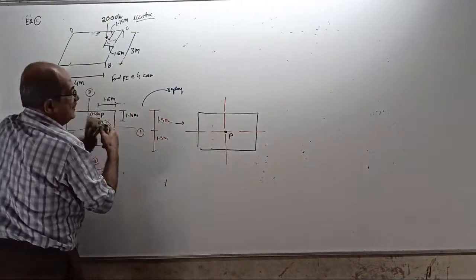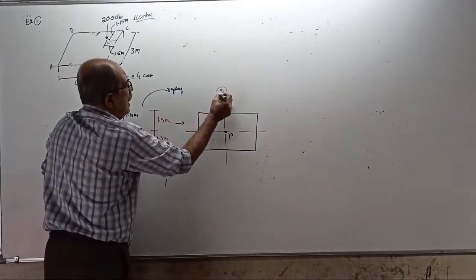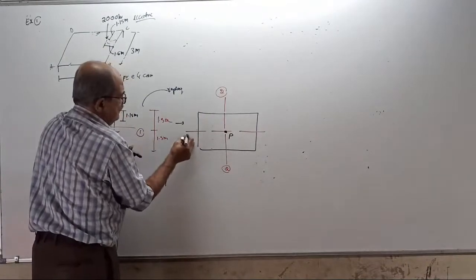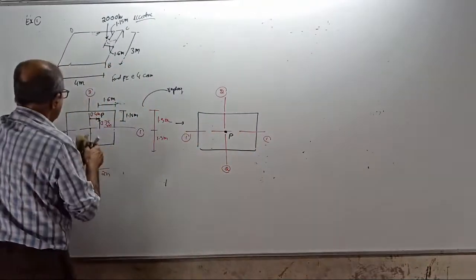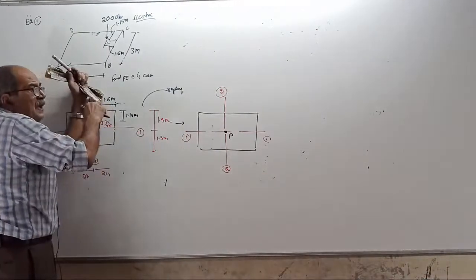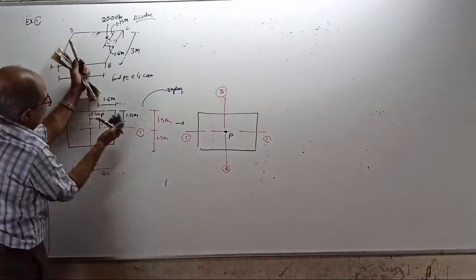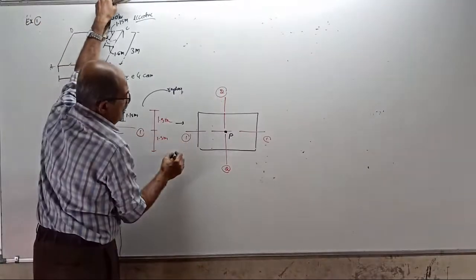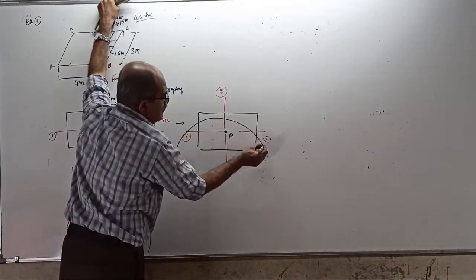This is your 2, 2 axis and this is 1, 1 axis. About 2, 2, this load will create a moment of P into 0.4.